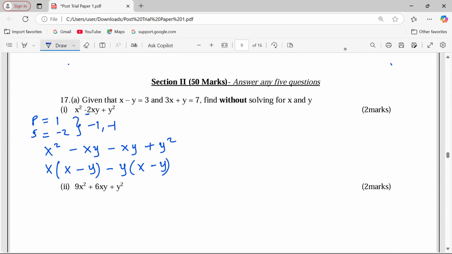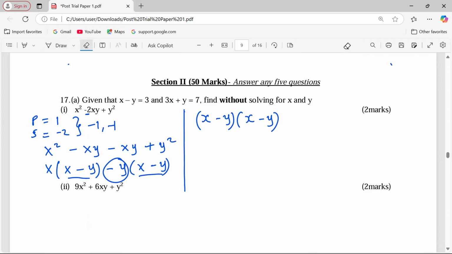So inside the brackets we have x minus y, and outside the brackets we have x minus y. This we call a perfect square. If an expression simplifies to two common factors, we call it a perfect square.